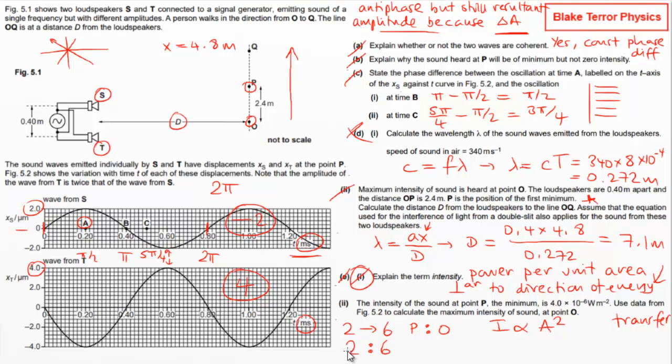So we're going from 2 to 6, so we're doing 3 times the amplitude, and we're going to do 9 times the intensity. So amplitude times 3, therefore intensity times 9, which means we're going to have 36, so 3.6 times 10 to the minus 5 watts per meter squared.